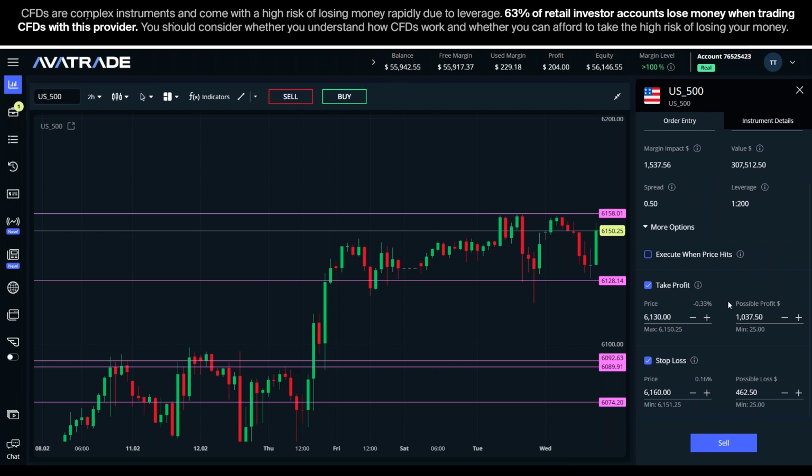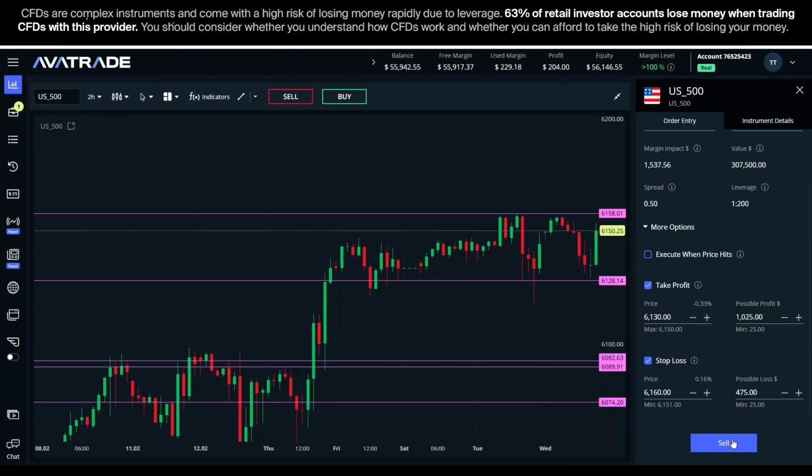So somewhere between 0.6 and 0.8% risk. So less than 1% risk on my account to make well over 1%, almost 2% potential profit. Okay, so I can get my possible loss calculated for me to my stop loss and my potential profit.